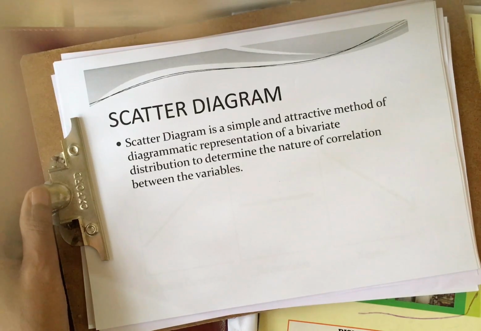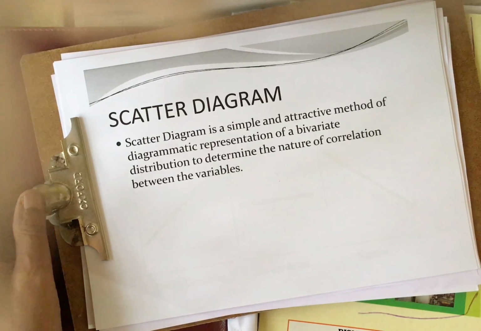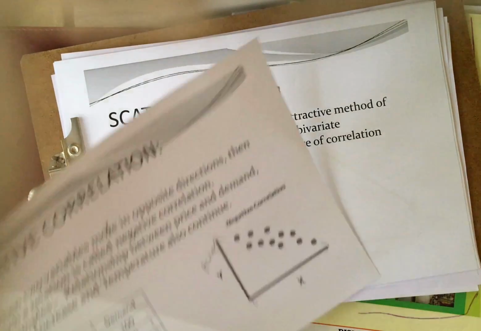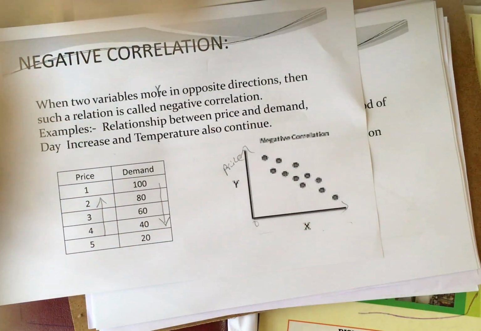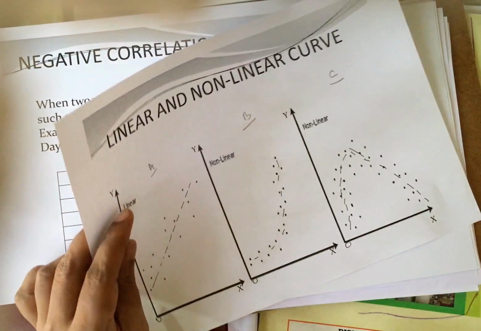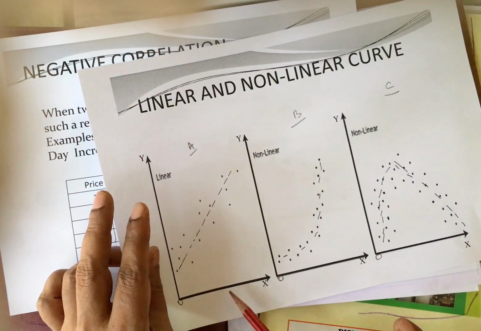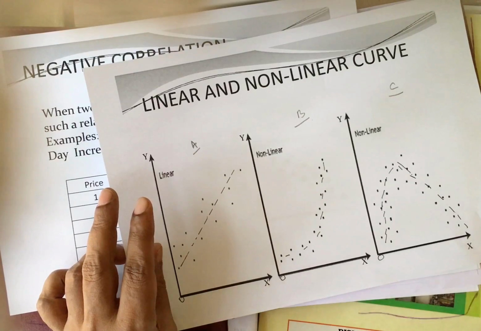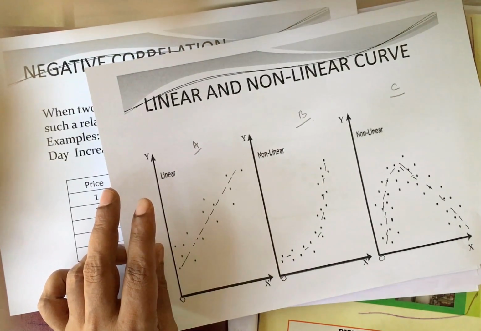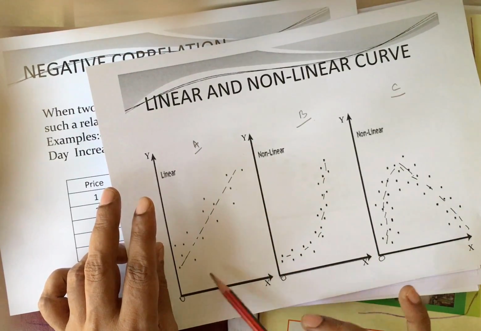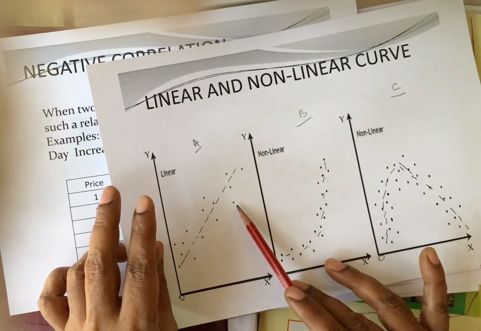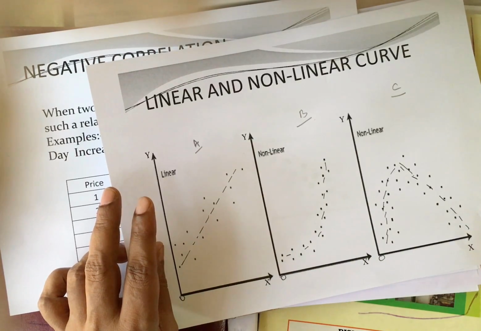The first one, the graphic method, that is the scatter diagram. The scatter diagram we have already studied among the other diagrams. It means that if two variables are plotted in a diagram and you draw one line between the points, and the line is a straight line and the points are close to the line, that is a perfect high degree correlation.